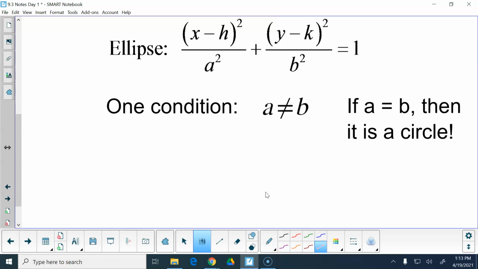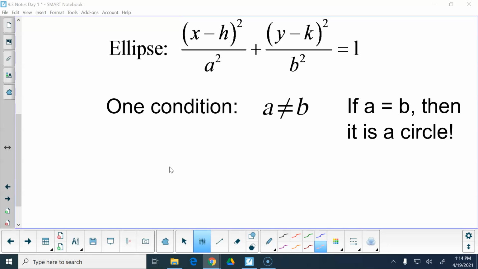Quantity x minus h squared divided by a squared plus quantity y minus k squared divided by b squared equals 1. Ellipses always are equal to 1. Okay? Always, always, always equal to 1.